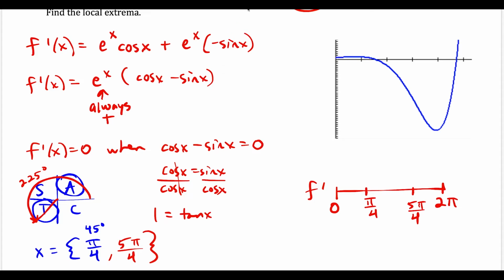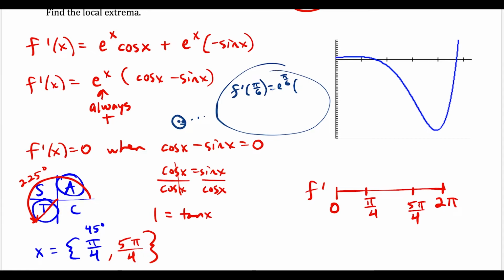Now, there's a few ways of going forward here, but what we could do is plug in values on each interval. And let's say for the first interval, once again, pi over 4 is 45 degrees. If I'm doing this in my head, I would probably plug in 30 degrees, which is pi over 6 radians. So at f prime of pi over 6, e to the x is always positive. So I could say e to the pi over 6, but that's not going to matter because this is always positive.